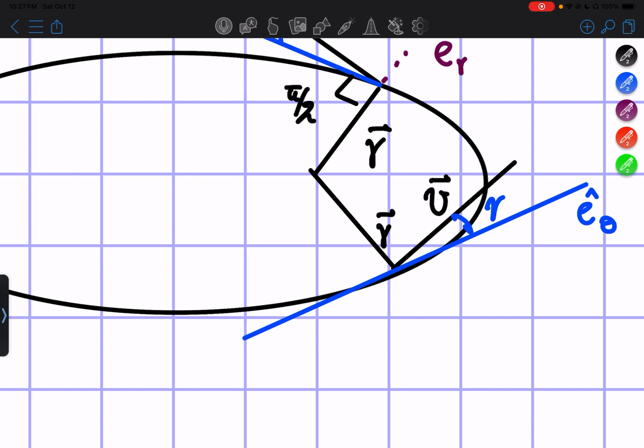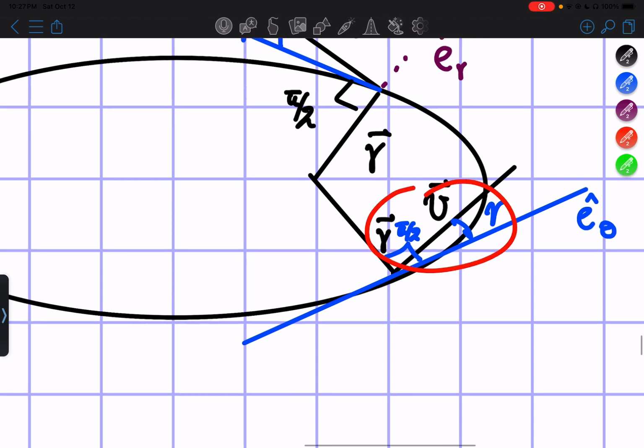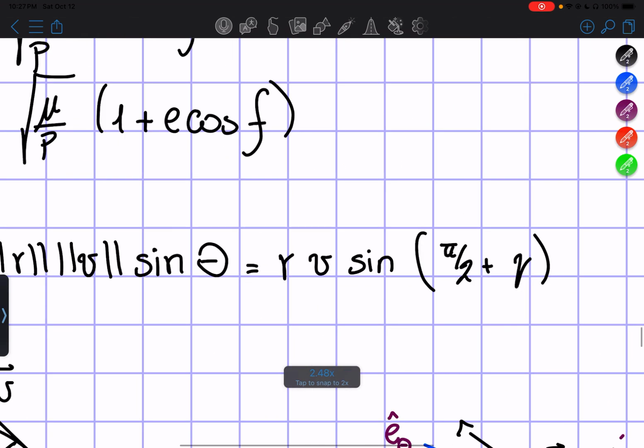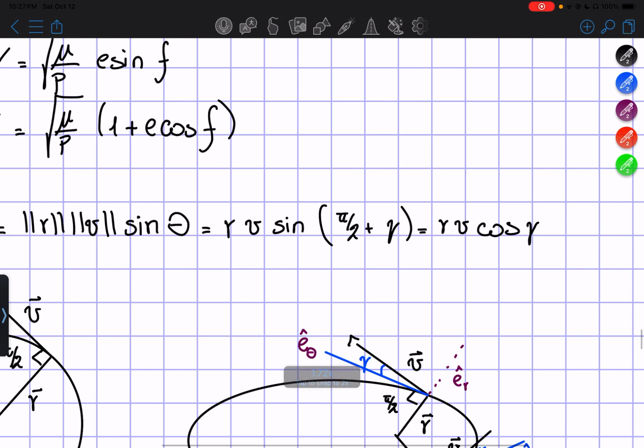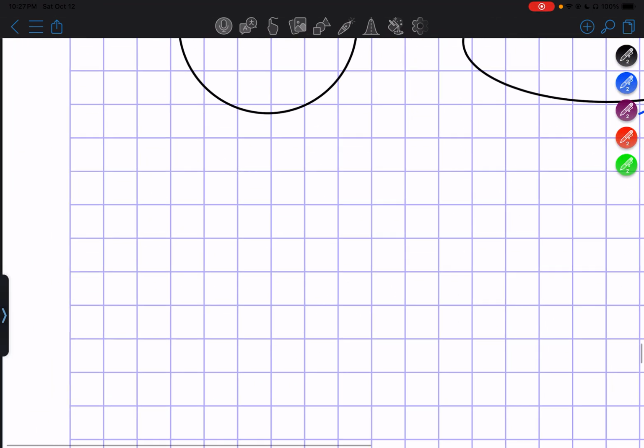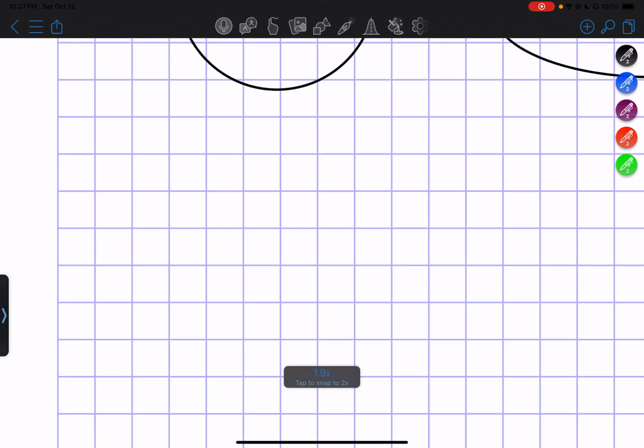And the angle between these two will always be pi over 2, so the total angle between them will be pi over 2 plus gamma. In this case, gamma is less than 0, so it gives us the angle between r and V. But this can also be written as r V cosine of gamma. This is just a simple trig identity.